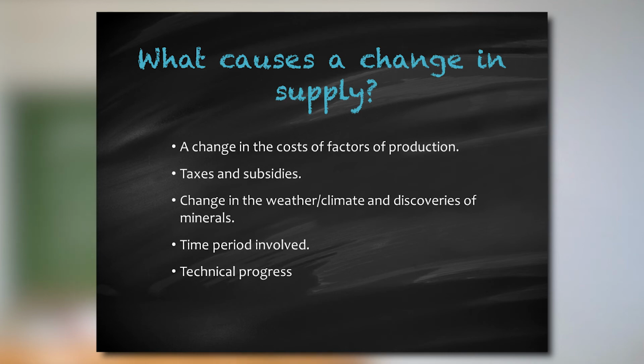We also look at the weather. The weather can influence that we don't supply as much, or we can't supply as much as we have supplied in the past. Then there are new discoveries of new minerals or new products that can cause us to not use the other product anymore, and the consumer doesn't demand the other product, but now demands the new product, the new discovery that is more environmentally friendly, for example, like solar power.